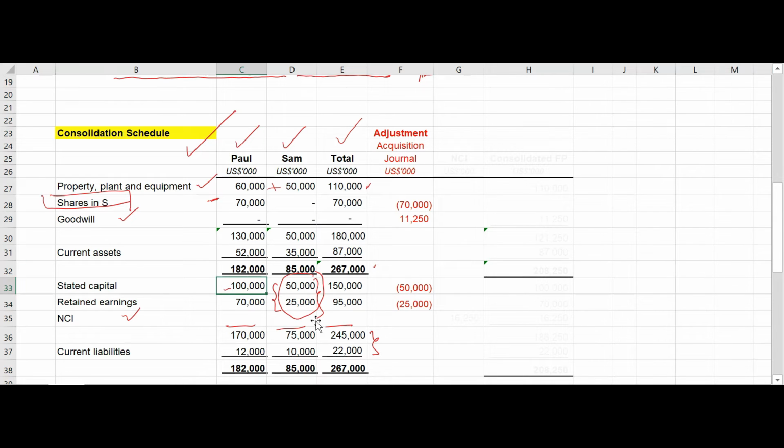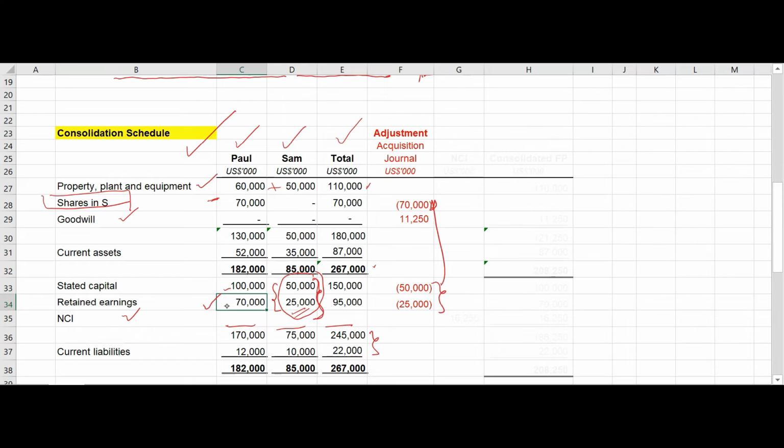So therefore, the stated capital or the share capital has to be that of the parent company. The subsidiary company will not form part of the group. As well as the retained earnings also, we need to take the parent company, not the subsidiary company, because it will not form part of the group financial position. Simply because these net assets at the time of acquisition will be compared with our investment made by the parent company. Okay, so we have removed this.